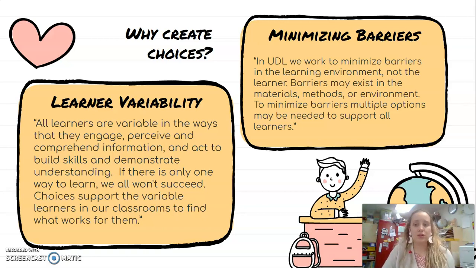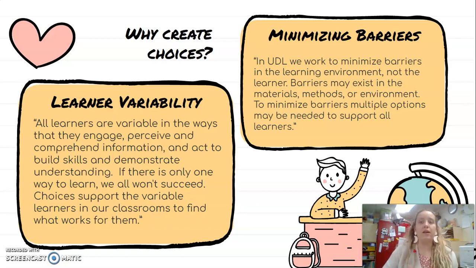It's too loud, it's too cold, they didn't have breakfast, right? So there's all of these barriers that are prohibiting that student from doing their best learning. UDL, one of the goals is to minimize all of those barriers, most of them anyway, to help the student do their best work.